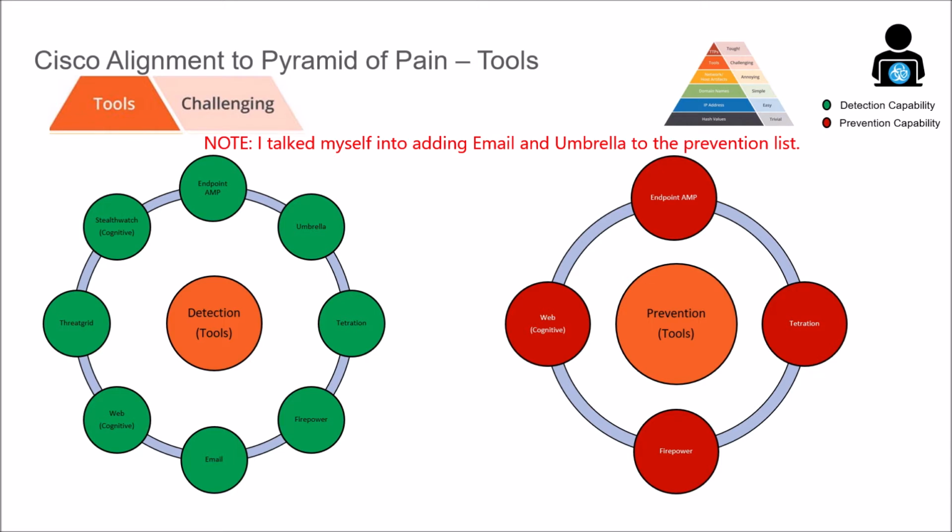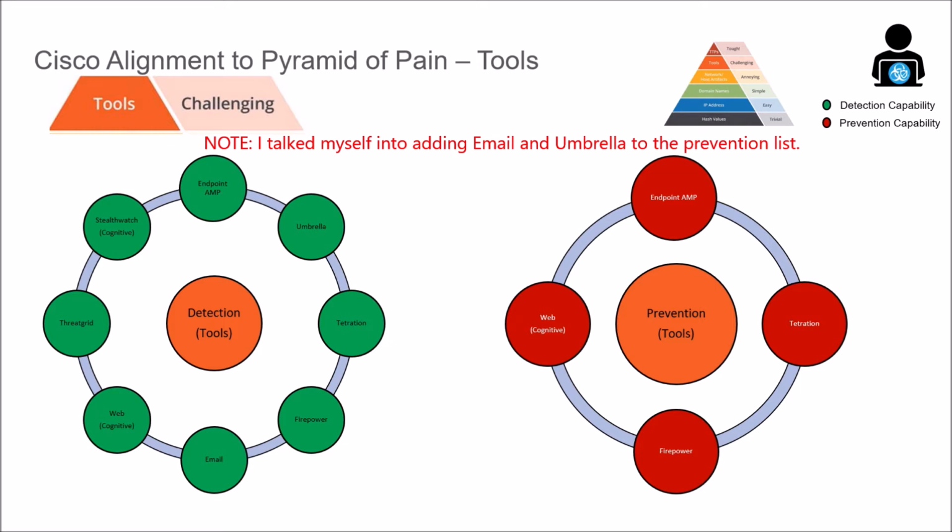So when we look at tools themselves, we're looking at things like Endpoint AMP, Umbrella, Tetration, Firepower, email, web, Threat Grid, and Stealth Watch, which all have detection type capabilities.